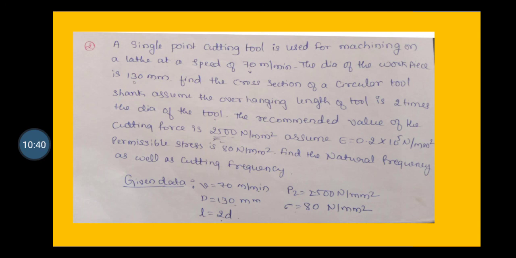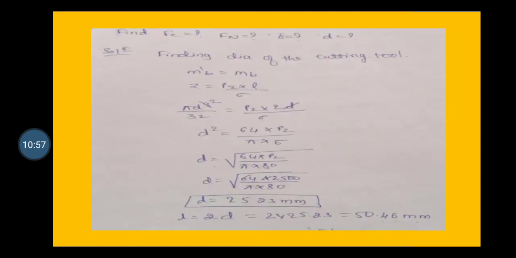Okay, the given data: speed is 70 meter per minute, diameter is 130 mm, length is twice the diameter, force is 2500 Newton, stress is 80 Newton per mm square. Solution: find the diameter of the cutting tool. Here the formula is permissible bending moment equals bending moment, M dash B is equal to MB. Z is equal to Pz into L divided by sigma.